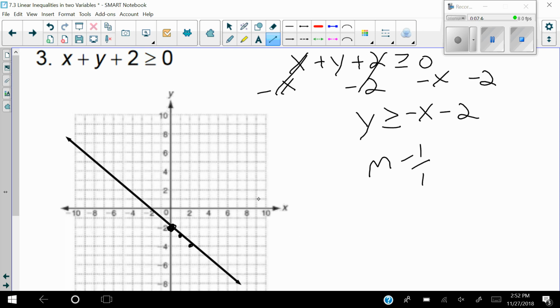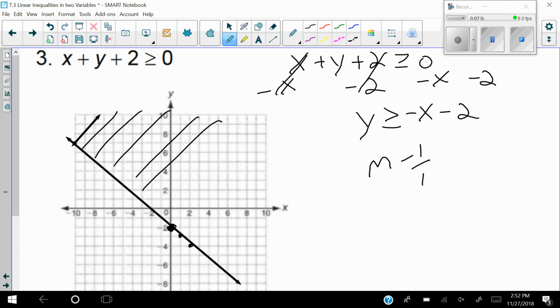Okay. Now, my last step, I just want to see if it needs to go above or below. Well, since it's greater than, it's going to have to go above. And go back to the pen. And everything above this line, including on this line, is a solution for this particular equation.